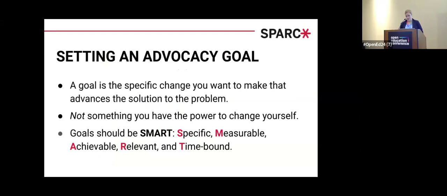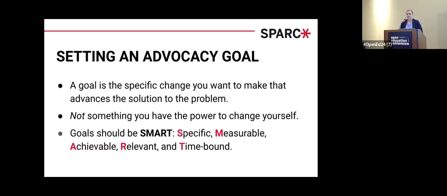When you set an advocacy goal, there are a few things you want to keep in mind. I know the SMART model for goals is well played out, and we're all aware of it, but I think particularly in advocacy, it is quite important. That's why we include it. An advocacy goal is not something that you have the power to change yourself.